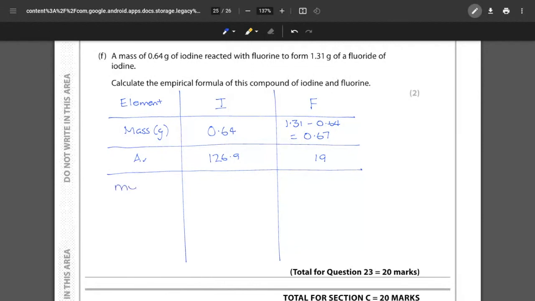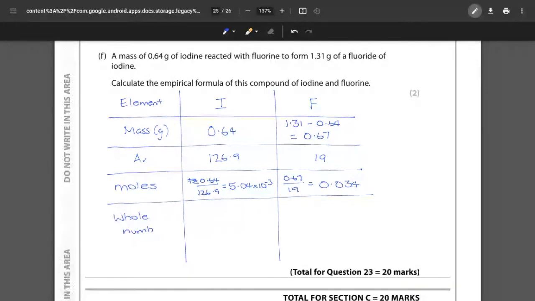We then calculate the number of moles, which is simply the 0.64 over 126.9, which gives you 5.04 times 10 to the minus 3, and then the 0.67 over 19, which is 0.034. And then to get our whole number ratio, we divide both of these by the smallest number.